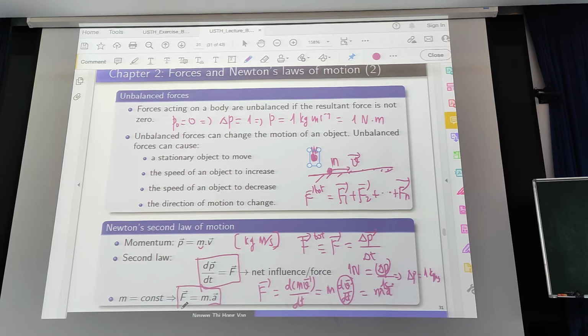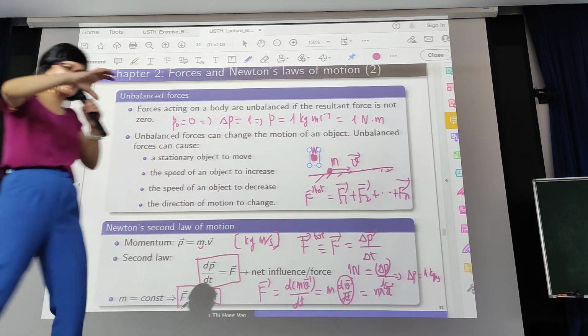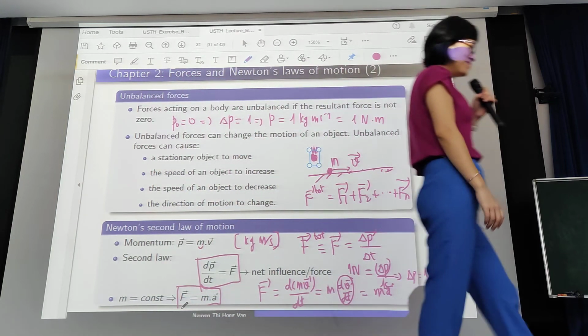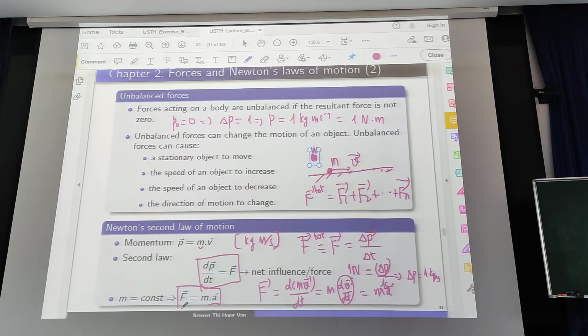Another example: if a motorbike or car is moving, the total mass is the car plus the mass of the petrol. As you go, the petrol in the car decreases. So the total mass decreases. Right? And many other cases.